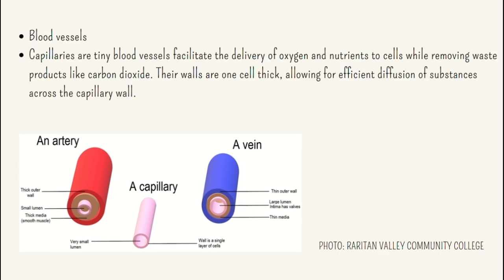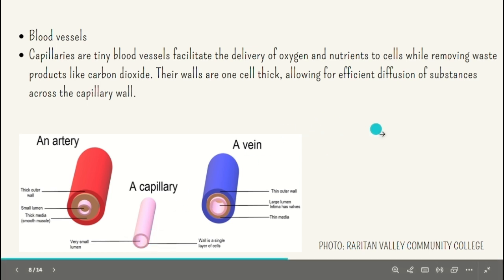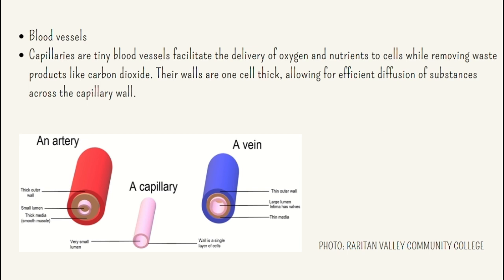And our capillary, which you can see there, also has a small lumen, but the key thing is that the capillary is only one cell thick. If you compare the artery, the capillary, and the vein, it is the only one that is one cell thick. The reason is that it functions in gas exchange, right? This is the key gas exchange blood vessel, the capillary.